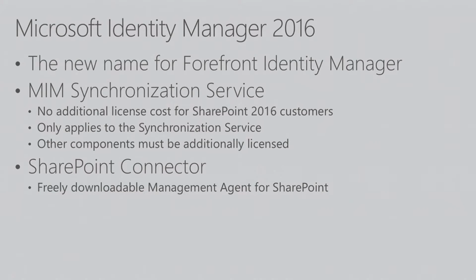This has been available since 2014, something like that, a few years now, but it's been revved, and the new version has a number of improvements over the one that's currently being used with the FIM deployments. To use this version of the SharePoint connector, we must be on Identity Manager 2016. We can't be on FIM SP1. That's a no-go. It must be this version of Identity Manager.